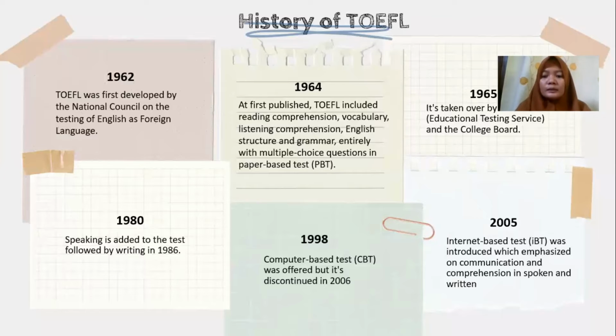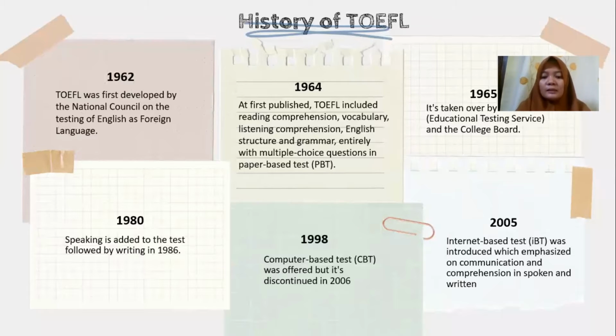Test of Spoken English was added to the test in 1980, followed by the Test of Written English in 1986. As previously it used paper and pencil, in 1998 ETS began offering a computerized version of TOEFL, but it was discontinued in 2006.